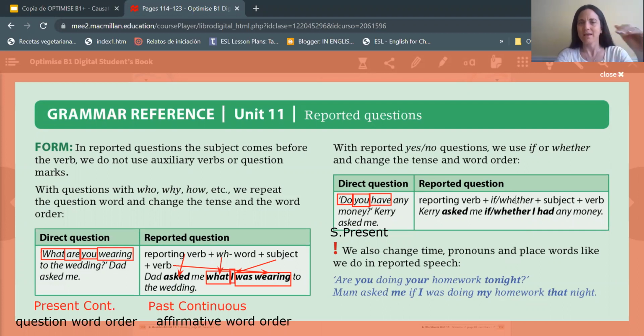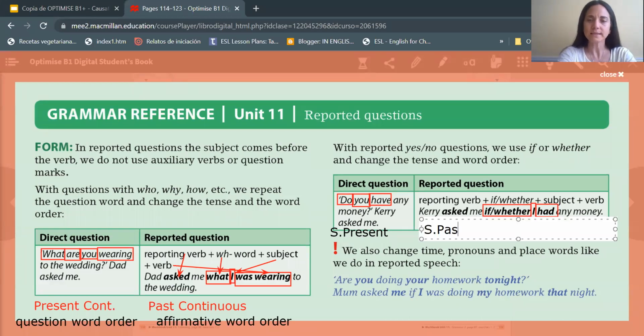W-H-E-T-H-E-R. Okay, sorry about that. Plus the subject plus the verb. So Gary asked me if or whether I had any money. So we have here the reporting verb, which is asked, me in this case, if or whether, then the subject I, and then in this case, had, which is in simple past.